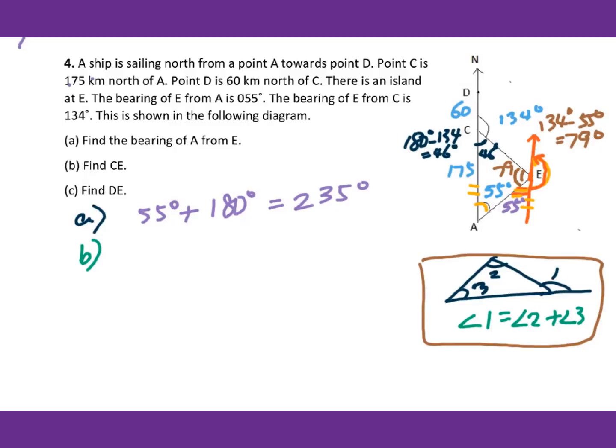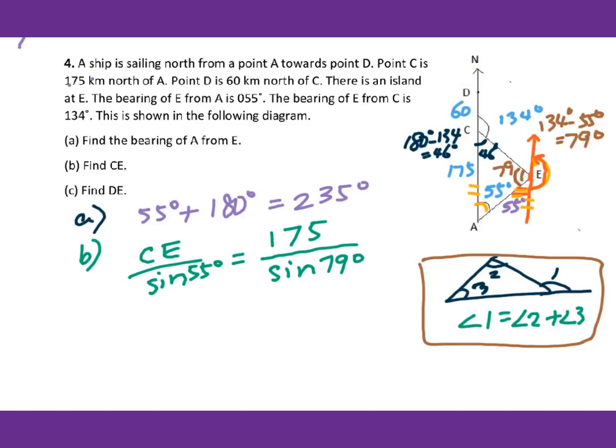Since for this triangle AEC we got two angles, we can use the sine law. CE over sine 55 degrees equals 175 over sine 79 degrees. Cross multiply.